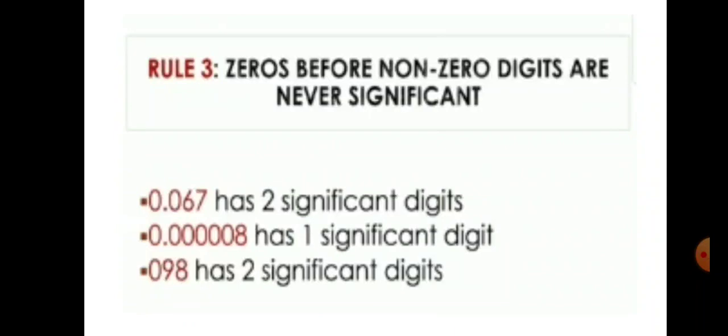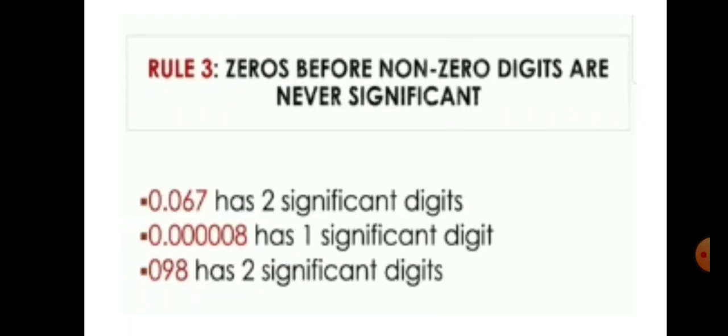In other examples of rule number 3, in this slide, the first value is 0.067. Here are 2 significant digits, that is 6 and 7, and the 0 before 6 is ignored. In the second example, 0.000008 has only one significant digit, that is 8, and all the other 0s are not significant.